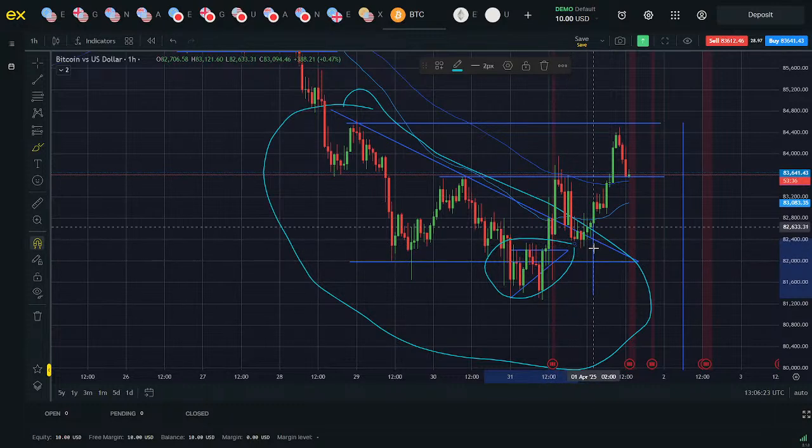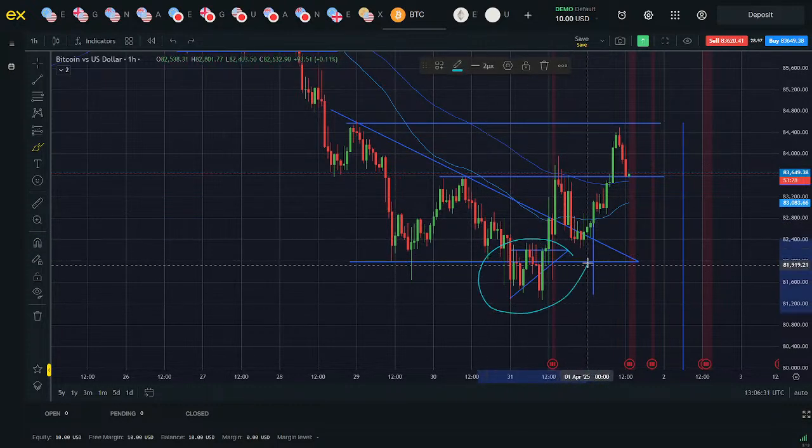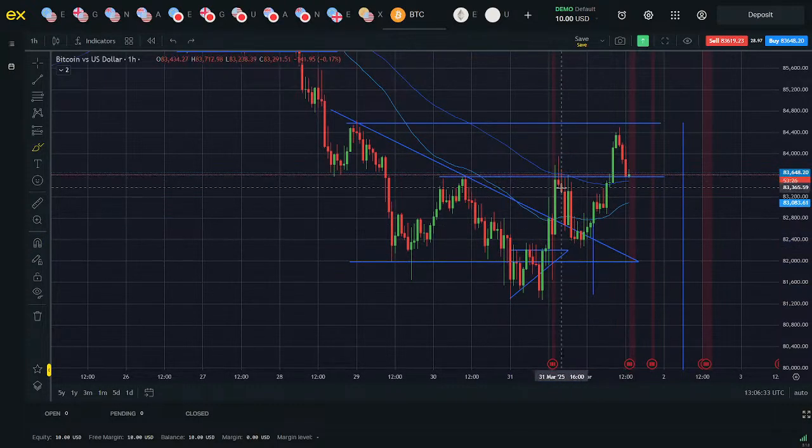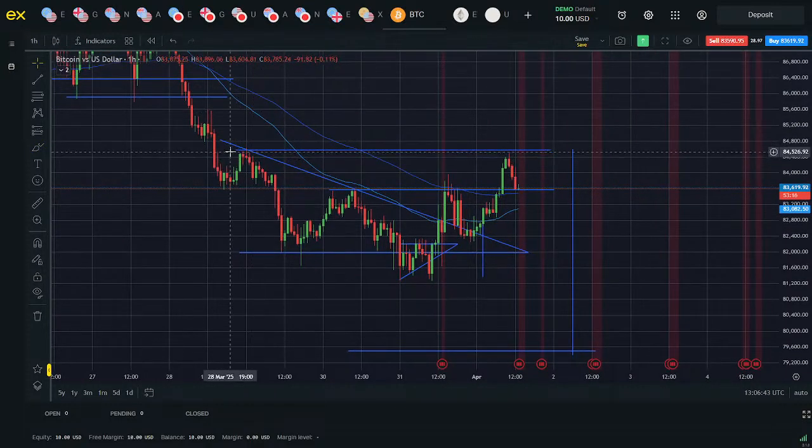The market completed the trade of this ascending triangle, and it is now going to complete the trade for this descending triangle over here.